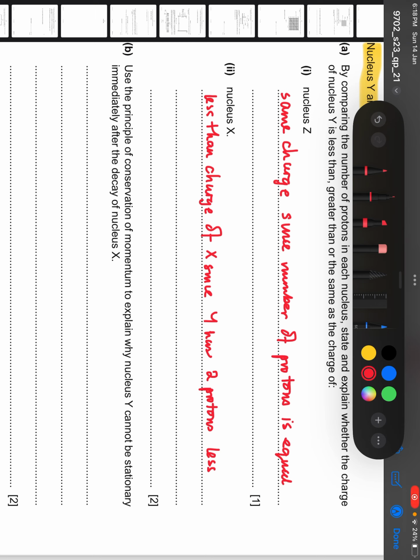And remember, we are considering the nucleus here. We are not even considering the entire atom, so we don't care about the electrons. The electrons would neutralize the protons if it's a neutral atom. So we are only considering the nucleus.